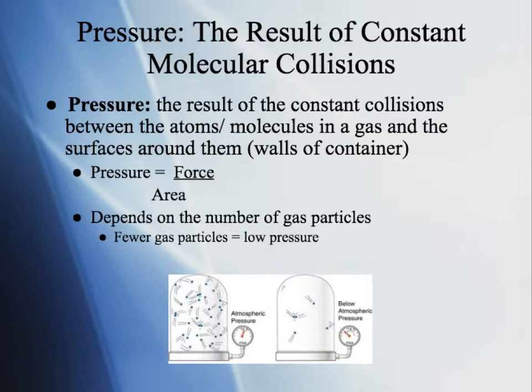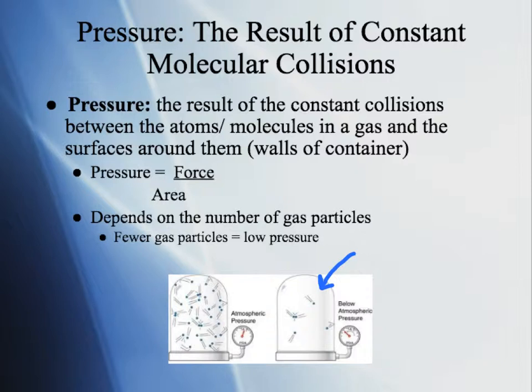Now, pressure is going to depend on a lot of factors, and one of those factors is the number of gas particles. That's kind of common sense, right? If you have fewer gas particles in a container, like we see here, they're obviously not going to be colliding with each other very often, or colliding with the container walls very often, and so it's going to equal low pressure.